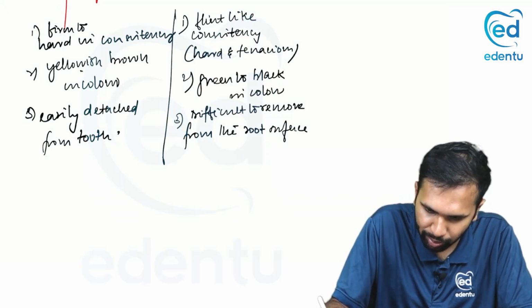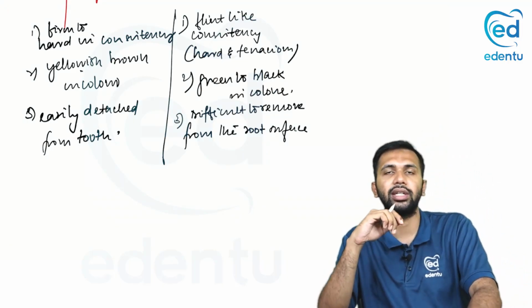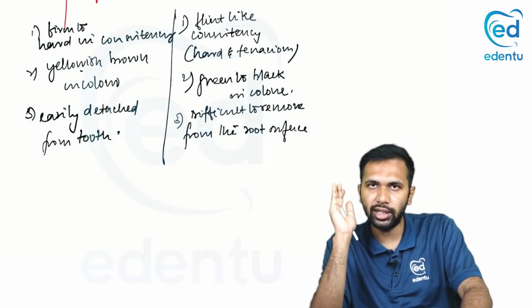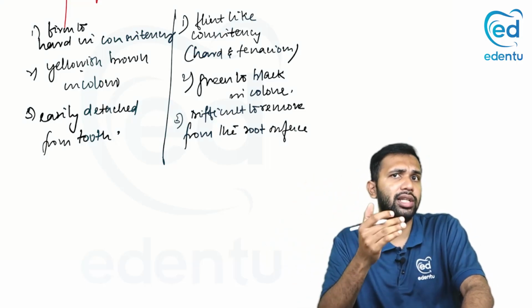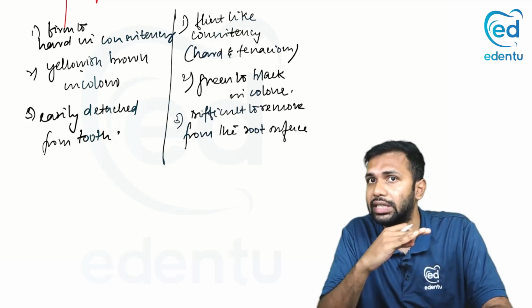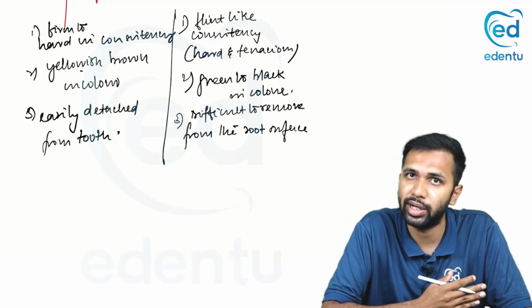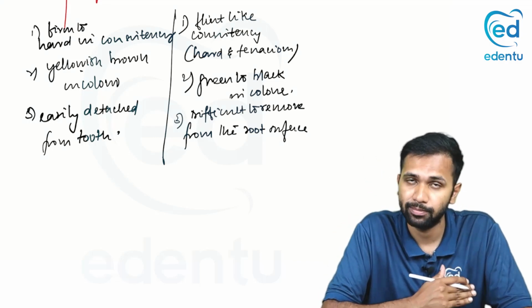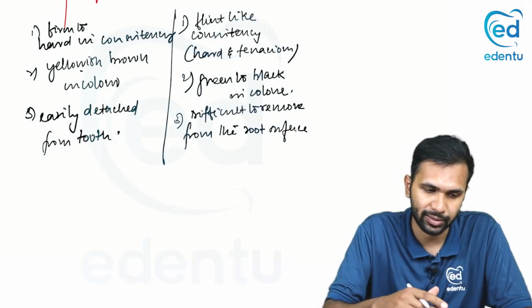If at all you have got the opportunity to see a substantial calculus, it is greenish to blackish in color. It adheres tenaciously to the root surface, and it is very difficult to remove subgingival calculus when compared to supragingival calculus. Alright, this is the basic difference.